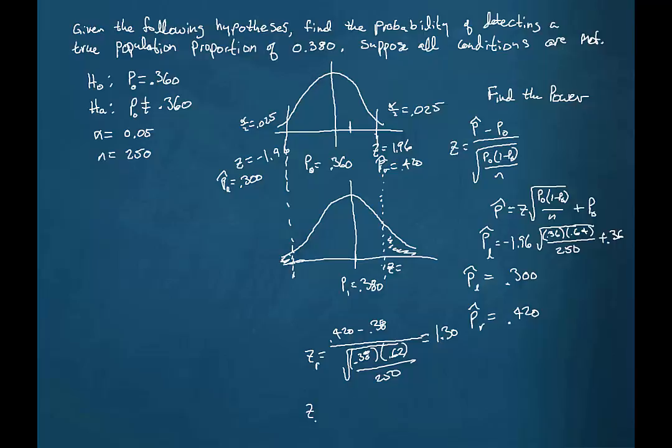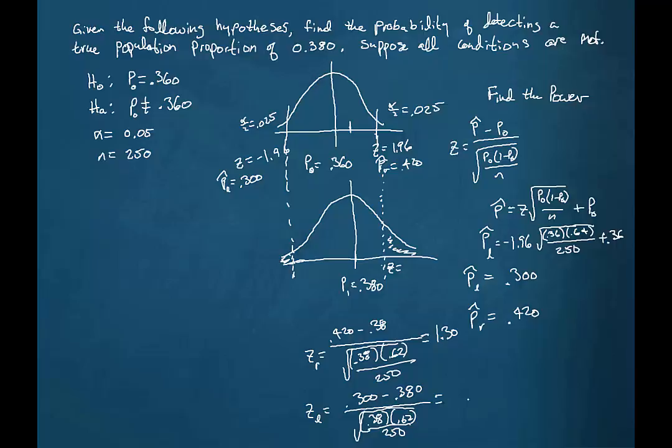For the left-hand side, we'd have 0.300 minus 0.380 divided by, and again now, the 0.38, because we're working with this other distribution, times 0.62 over 250.